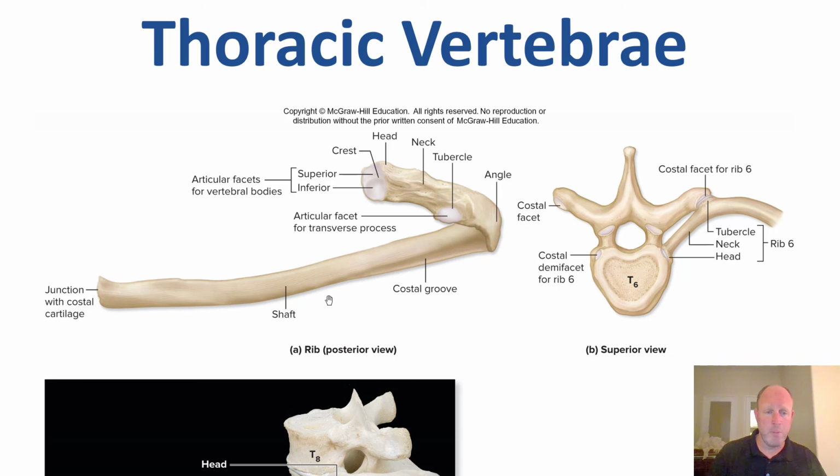Then look at this costal facet here, on the thoracic vertebrae. The costal demifacet for rib 6 would be attached right there. And the tubercle attaches right there, and the neck for that rib, and the head here is rib 6. The same thing on the opposing side, right?